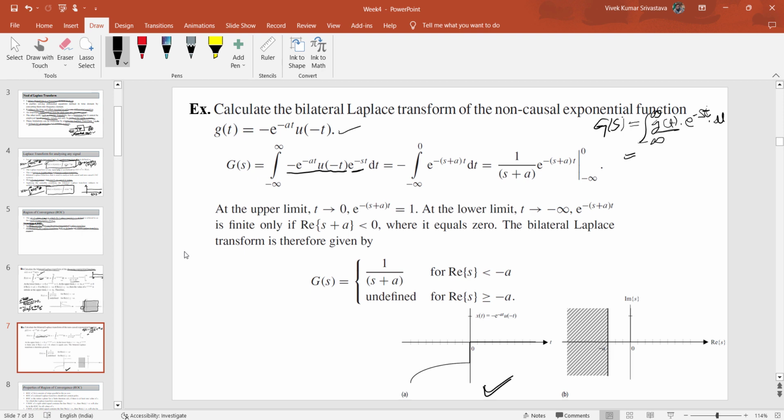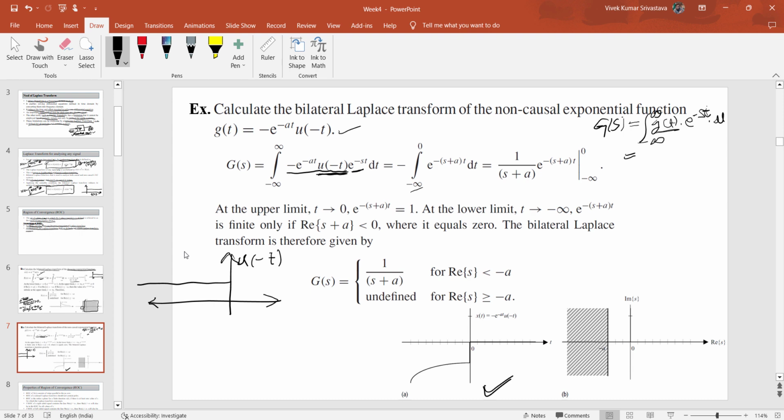From here we can see that u of minus t is defined for negative values of t, so we will take the limit from minus infinity to 0.